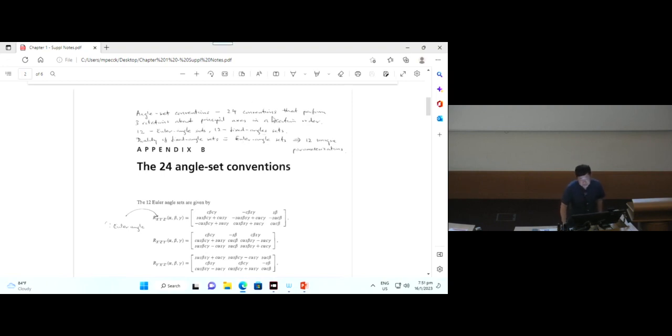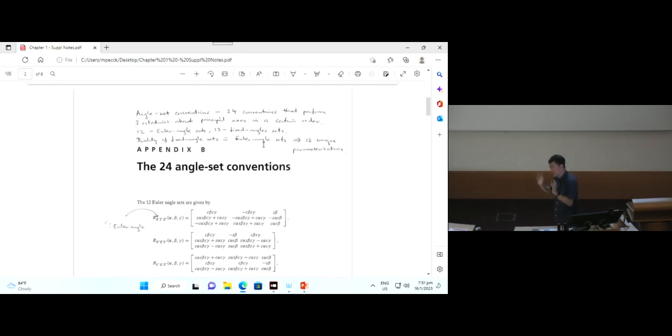So altogether you have 24 conventions. The 24 conventions perform three rotations about the principal axes in a certain order. There will be 12 for the Euler angle set, and then 12 for the fixed angle set. So there's a duality of the fixed angle set with the Euler angle set.